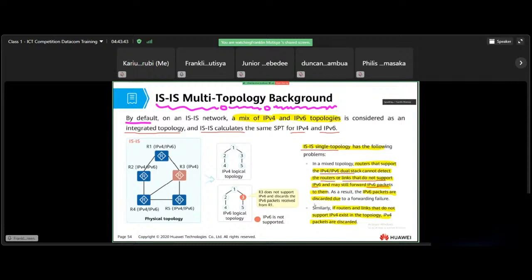Another issue is routers and links that do not support IPv4. We also have some routers and devices that do not support IPv4.